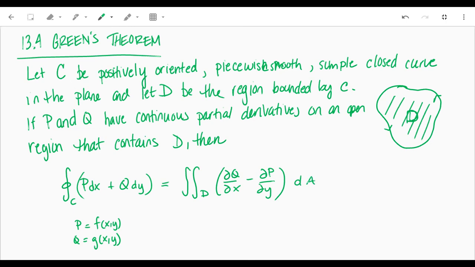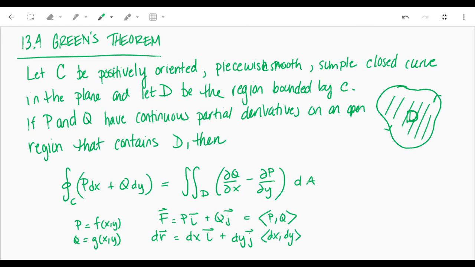And remember we can also write this with F as a vector field, P in the i direction, Q in the j direction, or <P, Q>, and dr, so dx dy, where r would be xi plus yj.